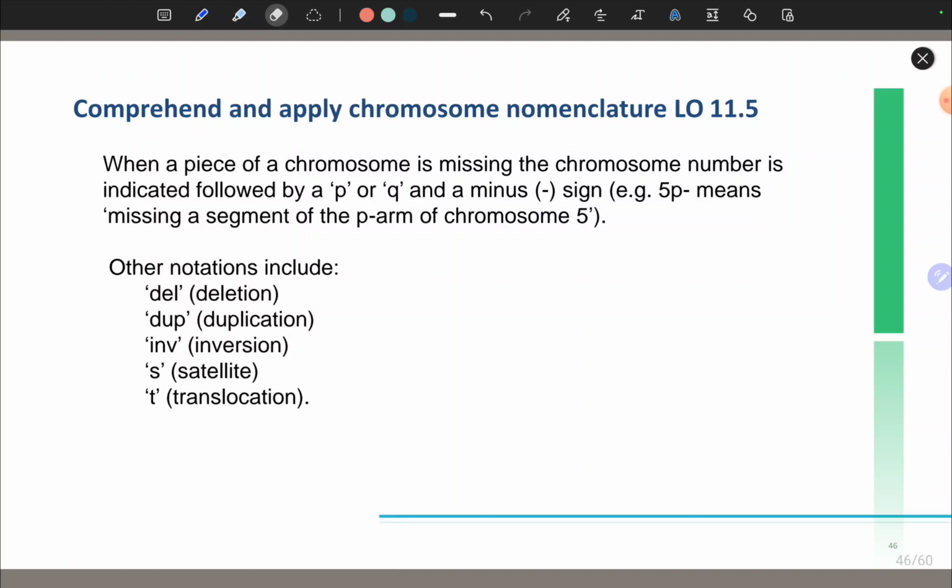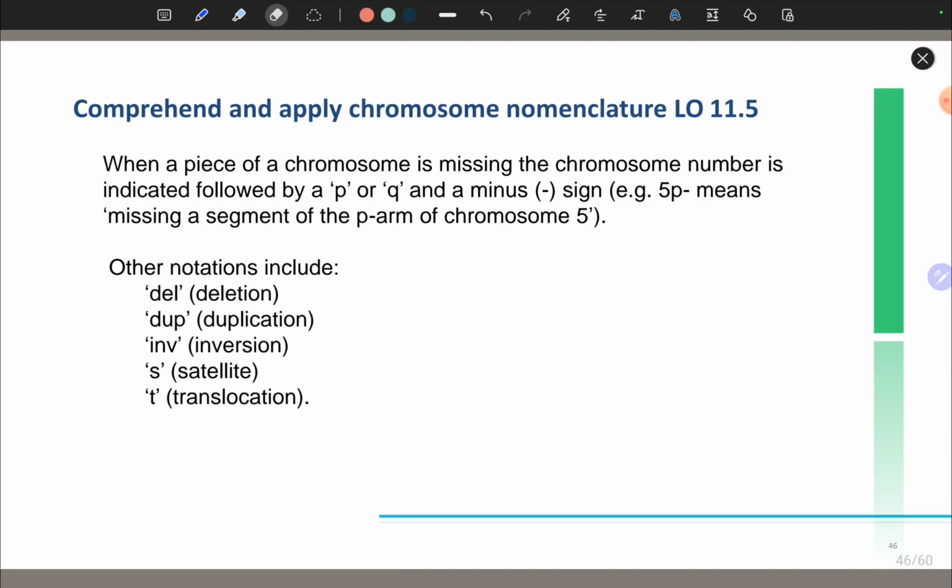The idea is that medical genetics is a specialty. There is too much information, so we try to give you just a few things for you to start with and understand your topics.